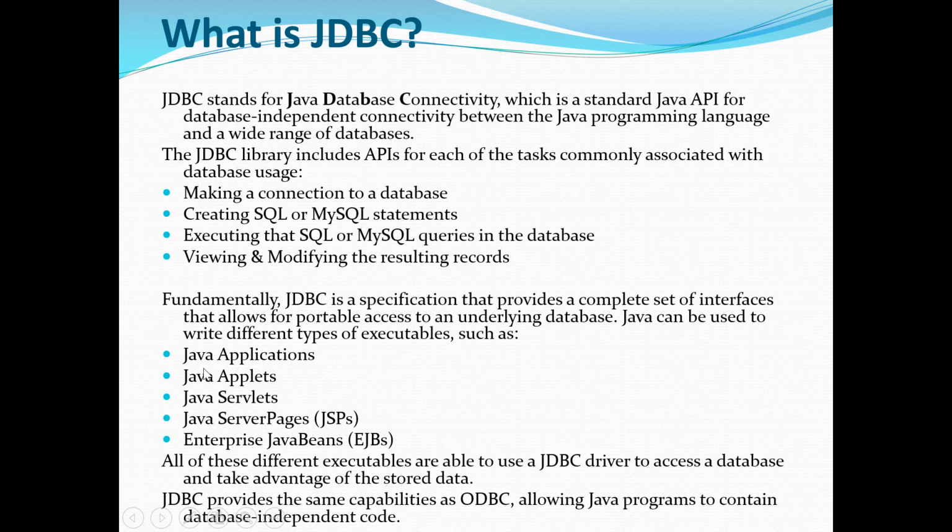We can use Java applications like basic core Java programs, followed by Java applets and servlets, Java Server Pages (JSPs), and EJBs, Enterprise Java Beans. Nowadays, very few people are using EJBs. People are going for something like Spring and Hibernate today. So for all these different types of Java applications, you can make use of JDBC.